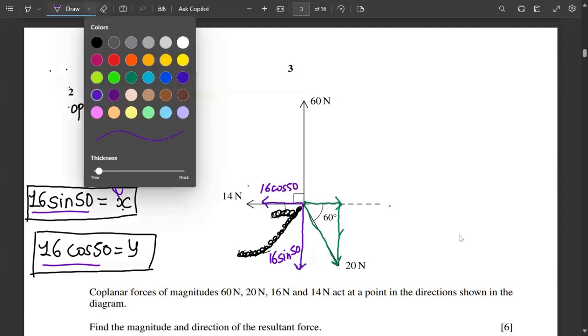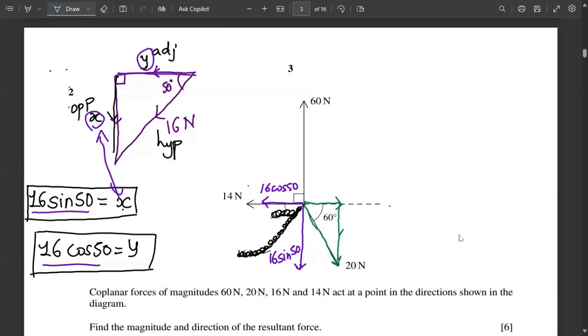And let me redraw this triangle now. So this triangle will look something like this. This is 20 Newton acting at an angle of 60 degrees. This is 90.